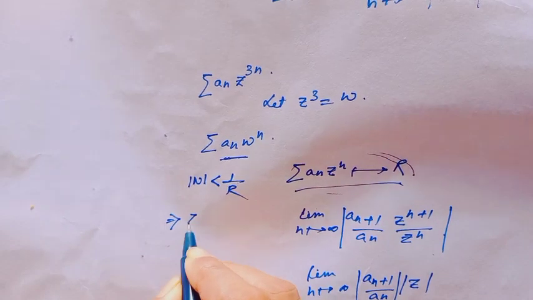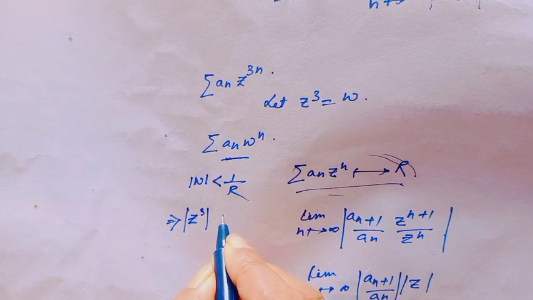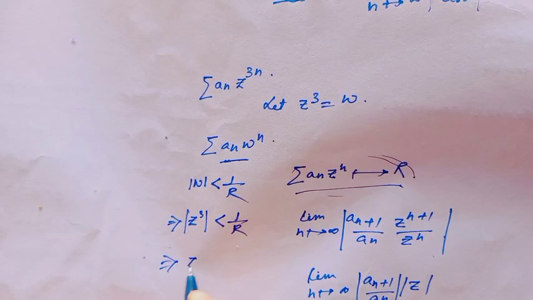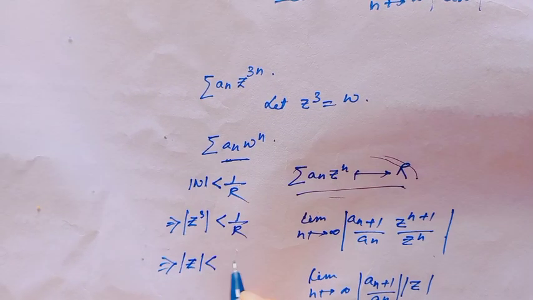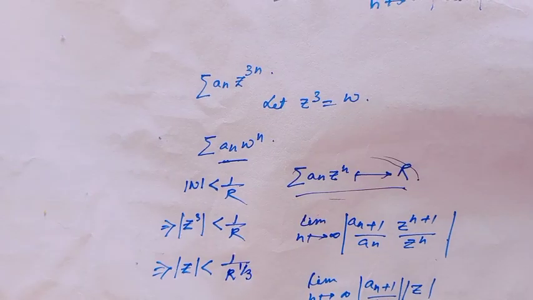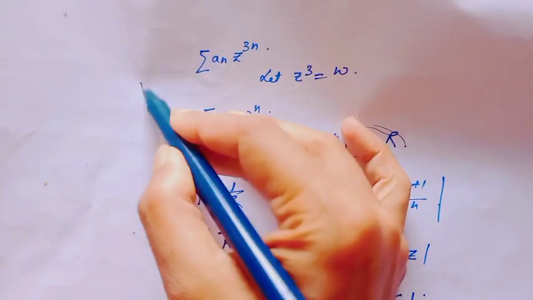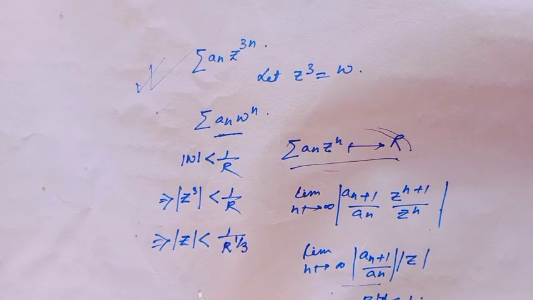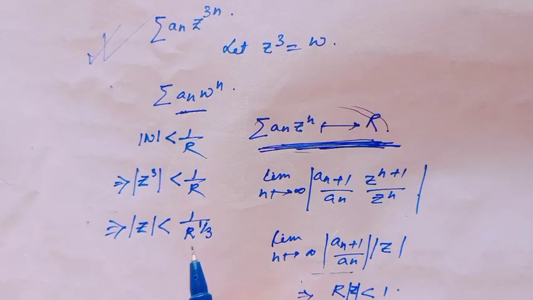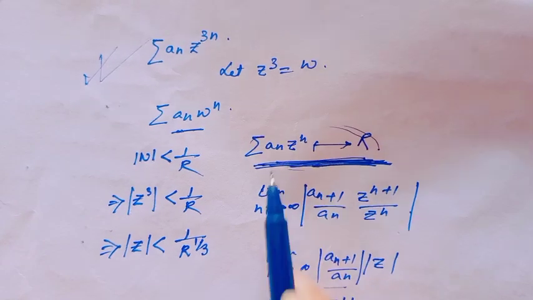That implies absolute value of z cube is less than 1 over r, which implies absolute value of z is less than 1 over r to the power 1 over 3. Therefore, the radius of convergence of this power series is 1 over r to the power 1 over 3, where r is the radius of convergence of our given power series.